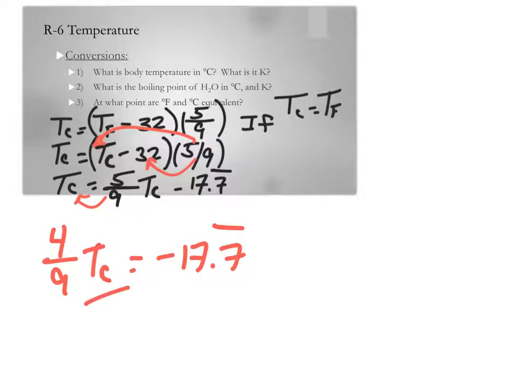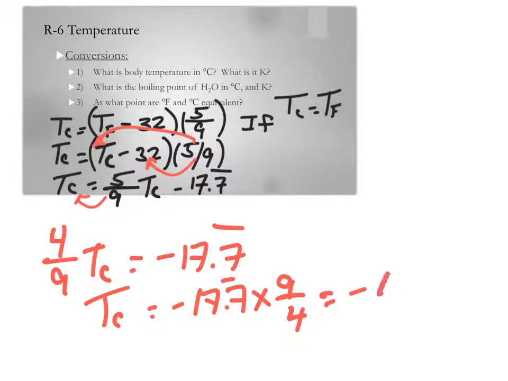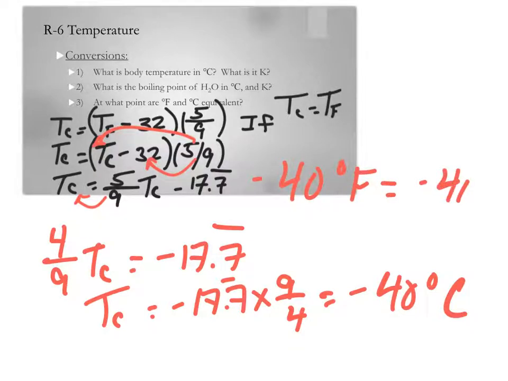Multiply each side by 9 and then divide by 4. And you get negative 40 degrees Celsius. So that means negative 40 degrees Fahrenheit equals negative 40 degrees Celsius.